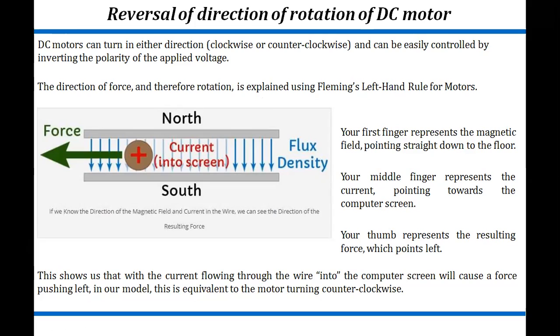If your first finger is representing the magnetic field, pointing straight down toward the floor, and your middle finger represents the direction of current, it means your second finger, leaving the first finger. If your first finger is representing the direction of magnetic field, at that time your second finger will represent the current, and that will be pointing toward the computer screen.